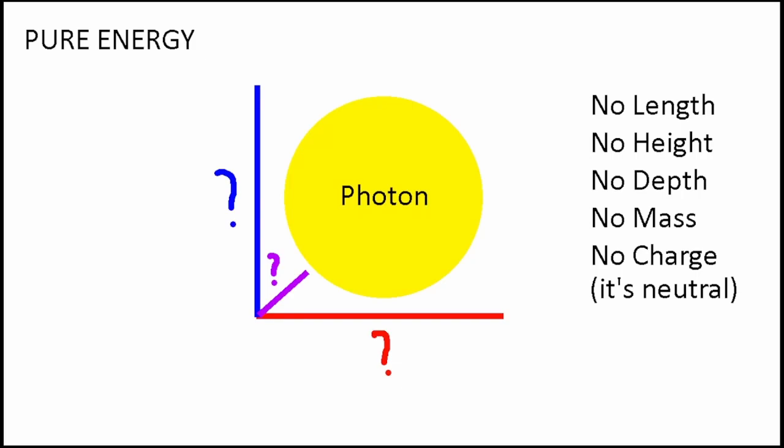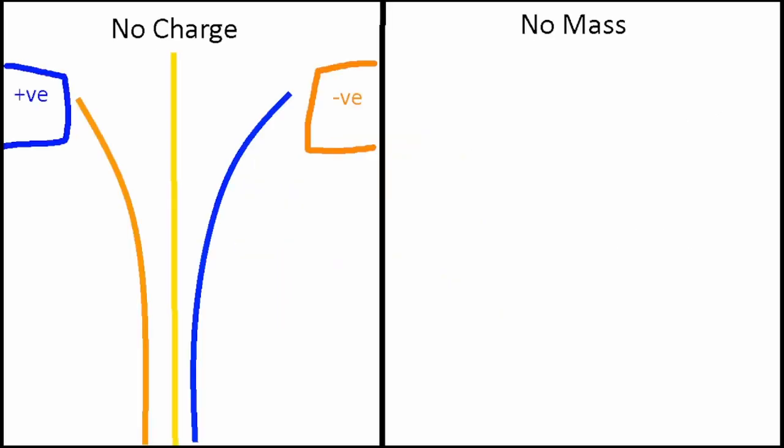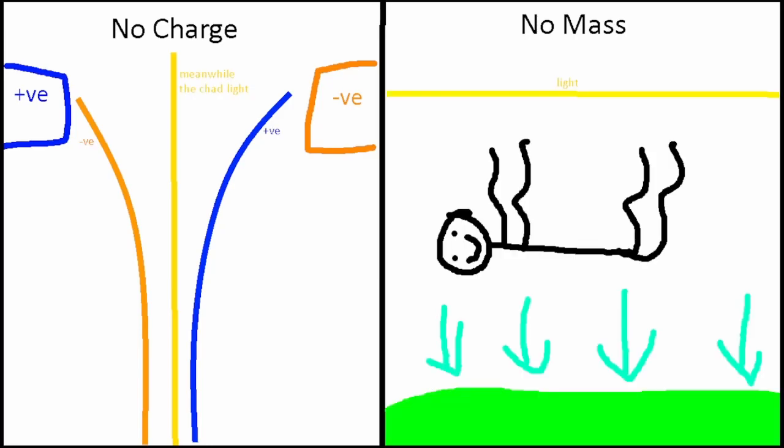In layman's terms, they are neutral. Because they have no charge, they are not attracted to any charged surfaces, so they travel straight. And because they have no mass, they're not affected by gravity. Although, do remember that light is affected by gravity in relatively larger amounts. I'll explain that later in the video.